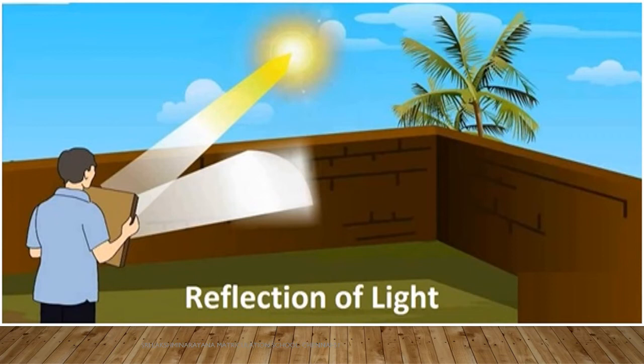The light rays travel in a straight line and fall on the surface of the mirror and then are reflected as a beam of light. A beam of light is nothing but a collection of light rays from the sun which is reflected. So, this is called reflection of light.